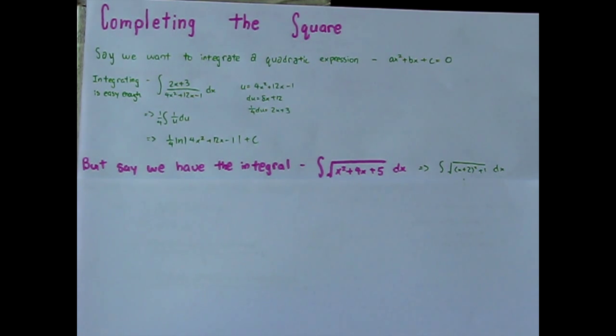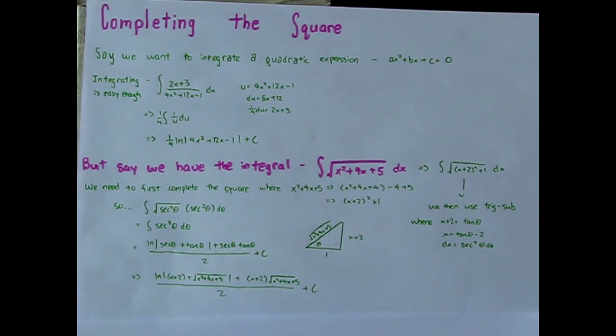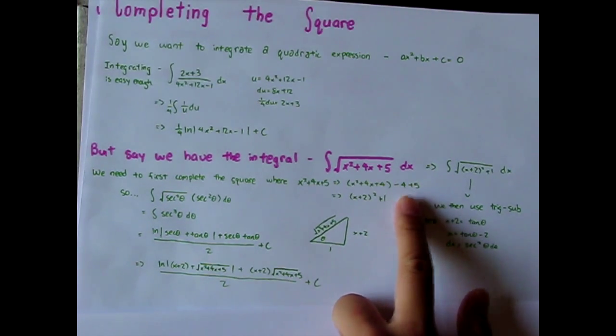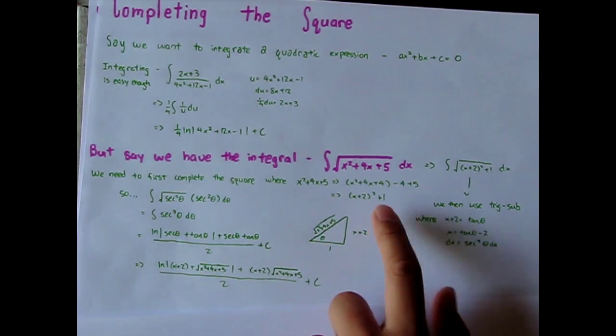But say we have the integral of the square root of x squared plus 4x plus 5 dx. We would then complete the square, and that would come out to x squared plus 4x plus 4 minus 4 plus 5, and you would get x plus 2 squared plus 1.